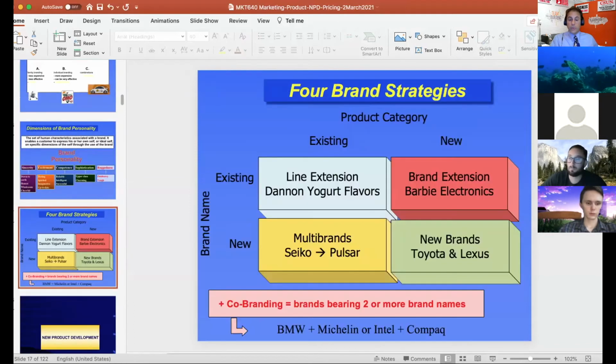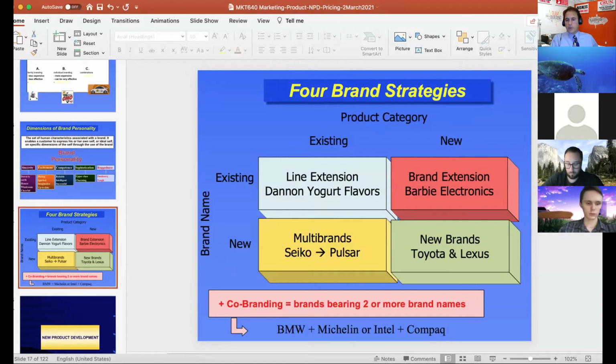Finally, there's five brand strategies. When you're creating an existing product using an existing brand name, you're just doing a line extension. So you have like Danone strawberry yogurt, Danone vanilla yogurt, and you're just using the same brand name. This is just line extension.